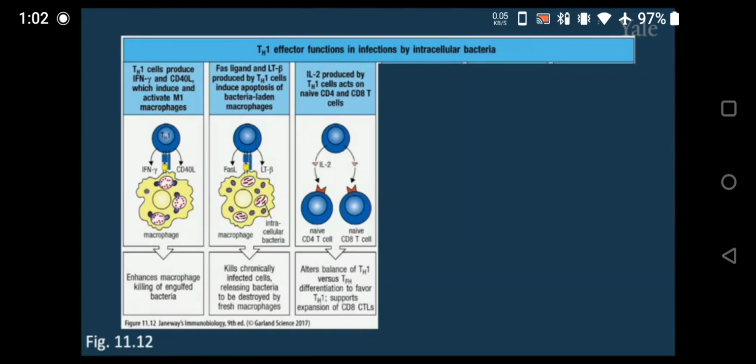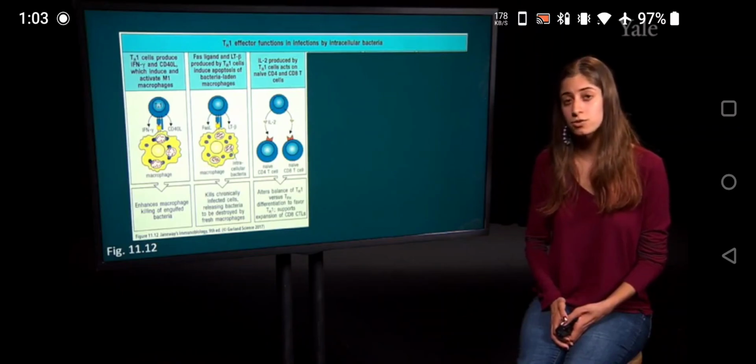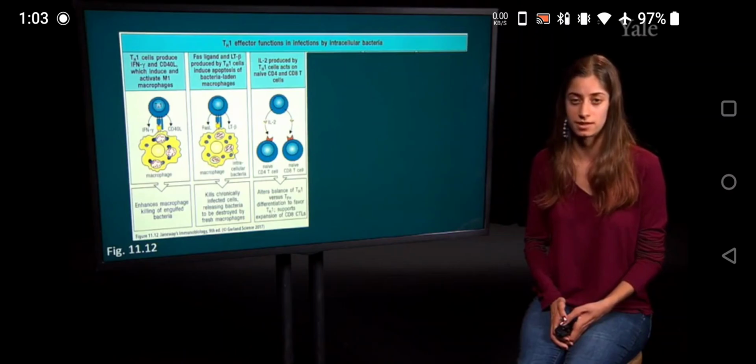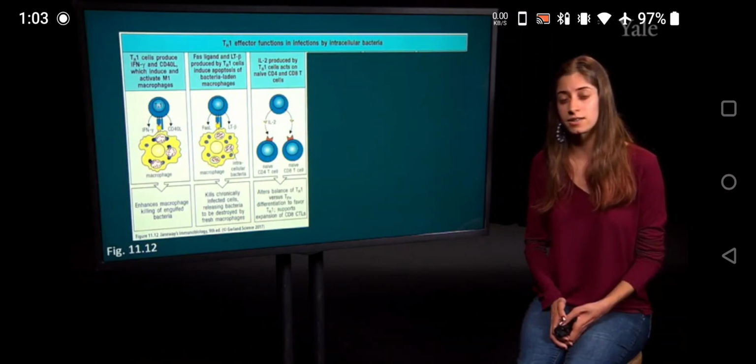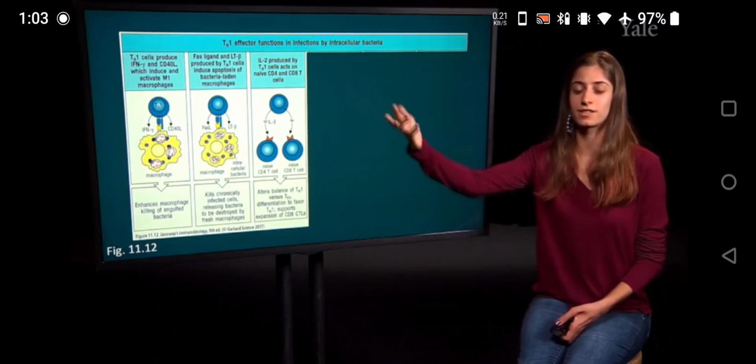You may remember that T follicular helper cells are important for activating B cells. However, when a person is infected with an intracellular bacteria, the appropriate response is a CTL or CD8 positive cytotoxic T cell response. This is because MHC class 1 loads intracellular bacterial peptides onto the surface of the antigen-presenting cell, and a B cell is typically better at responding to antigens that are expressed on the outside.